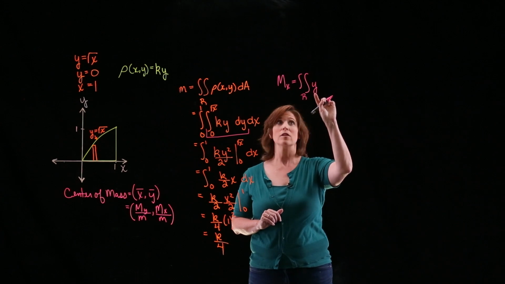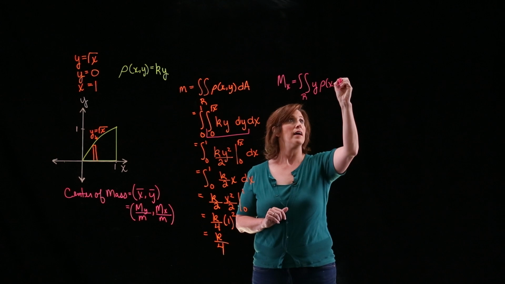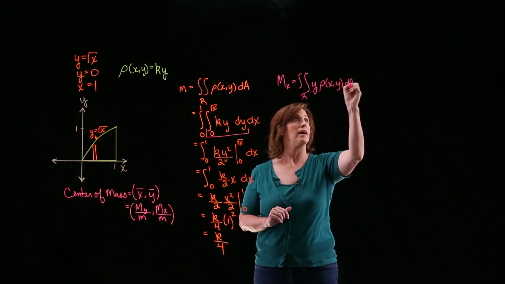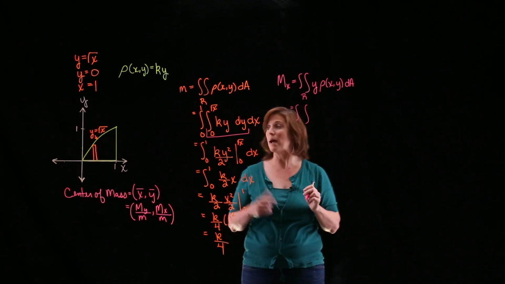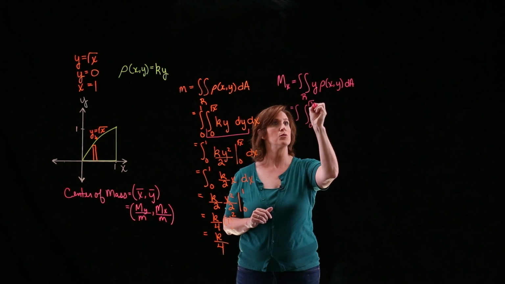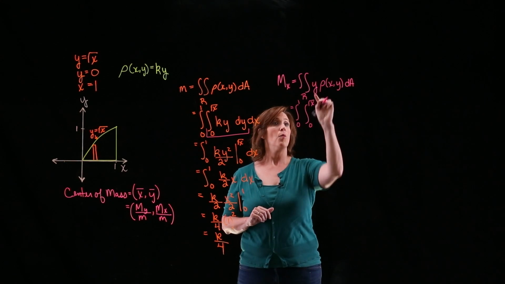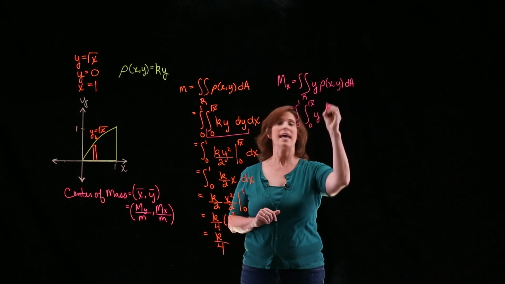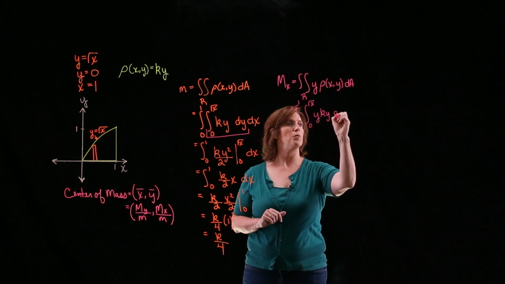So I'll have the double integral of y, and here's my density function again, ky, dA. My limits of integration, I'm integrating over the same region, so I'm still going to have 0 to the square root of x and 0 to 1, and y times ky dA.